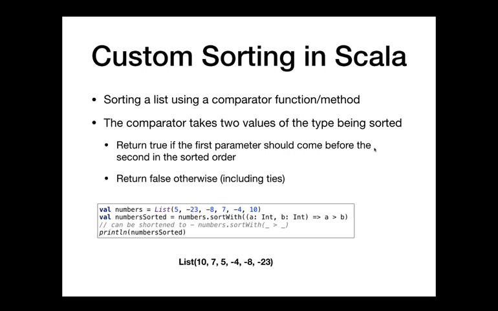Does this one come first? Does this one come first? Or does their order not matter? We still get that full functionality, even though we're returning a Boolean. So we can get that full sorted order based on this comparator. But we should return false for both orders if the order doesn't matter. So if we did greater than or equal here, it might break our algorithms. We want to make sure that equal returns false in any case.